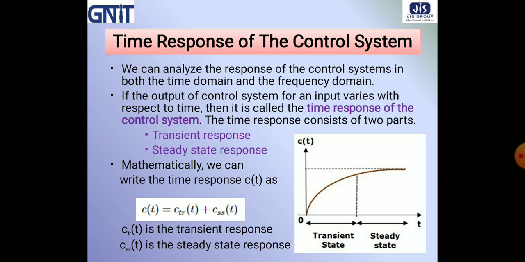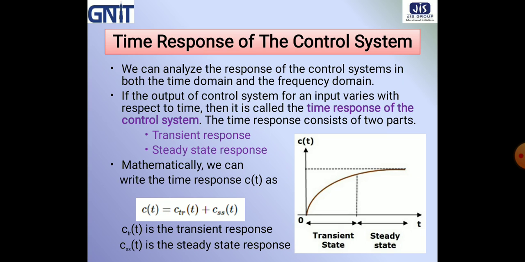So moving to our next slide, that is time response of a control system. Now we can analyze the response of a control system in both time domain as well as in frequency domain.